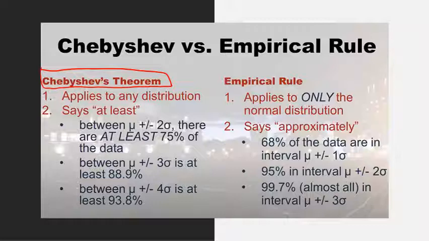Notice that when we work with Chebyshev's Theorem, we have to say at least this percentage of the data falls within these limits. So already it's not very specific at all, and it's telling us a really large range.